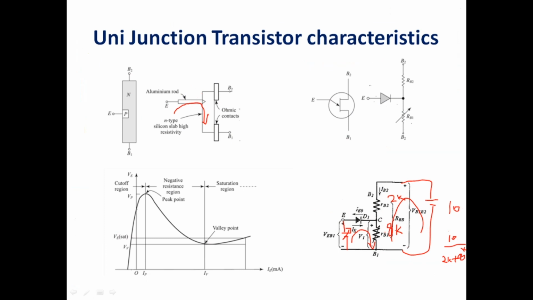The voltage drop across this 8k resistance is 8k into 10 divided by 2k plus 8k.